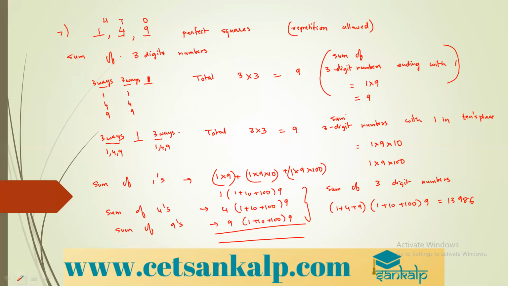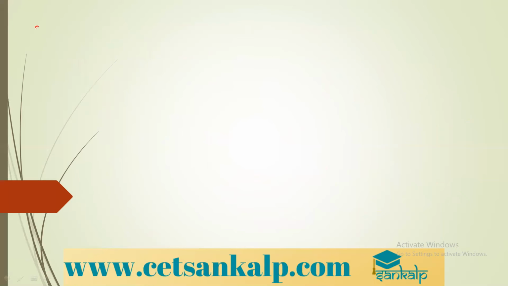Question number 8. Suppose I have a composite number 91,000. I have to find the number of ways of factoring this number into two factors.